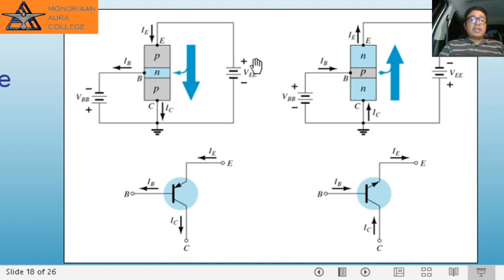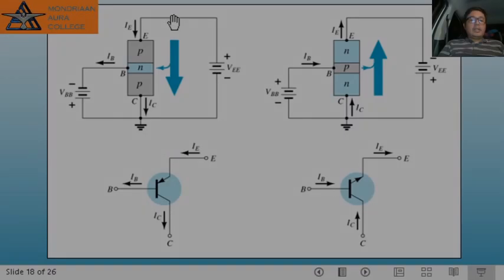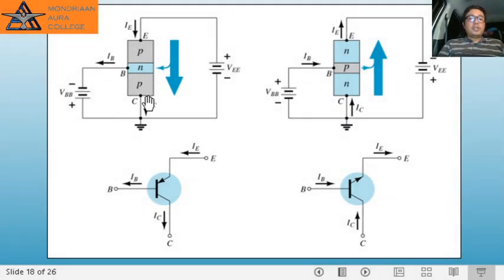Ang positive bias is provided by VEE and ang negative bias natin is provided by VBB. Therefore, properly bias ang base emitter junction natin. Naka-forward bias sila. Ito namang base collector junction natin, no, dito manggagaling yan sa VEE. We have positive to N-type and then negative to P-type. Therefore, naka-reverse bias ang base collector junction natin.